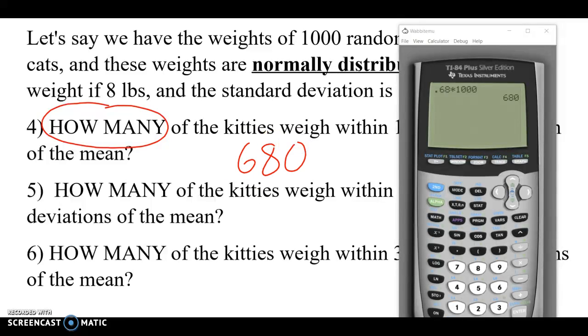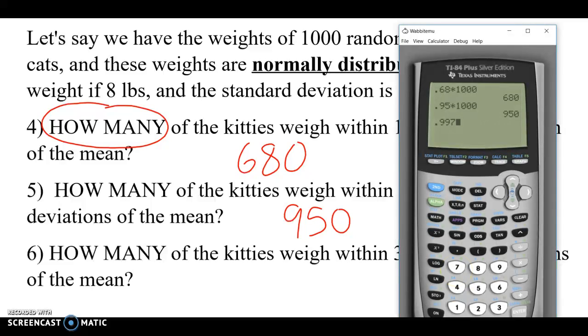Number 5 says how many were within two standard deviations. So two standard deviations was our 95%, so 0.95 times 1,000, we know is 950. And lastly, three standard deviations was 99.7, which is 0.997.